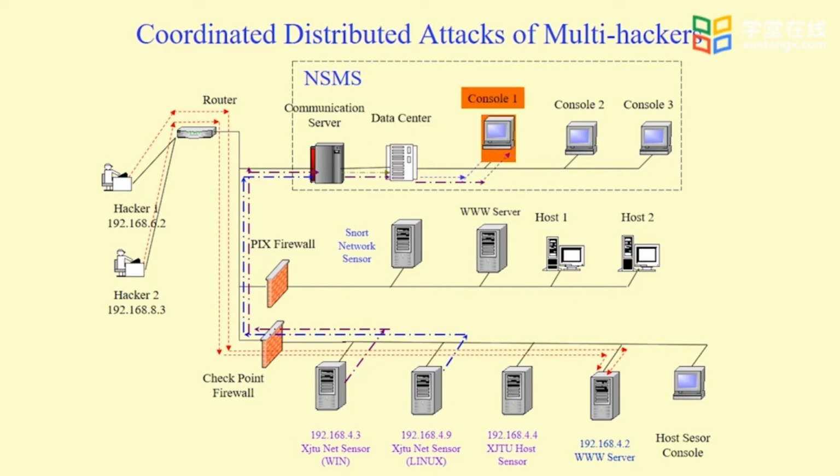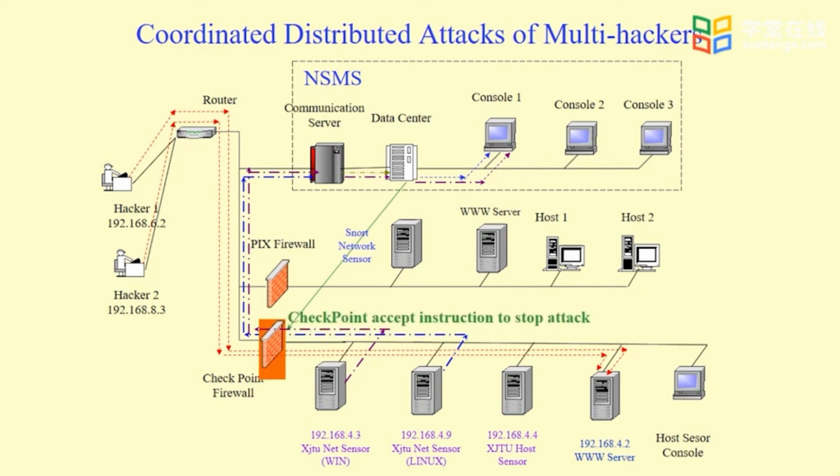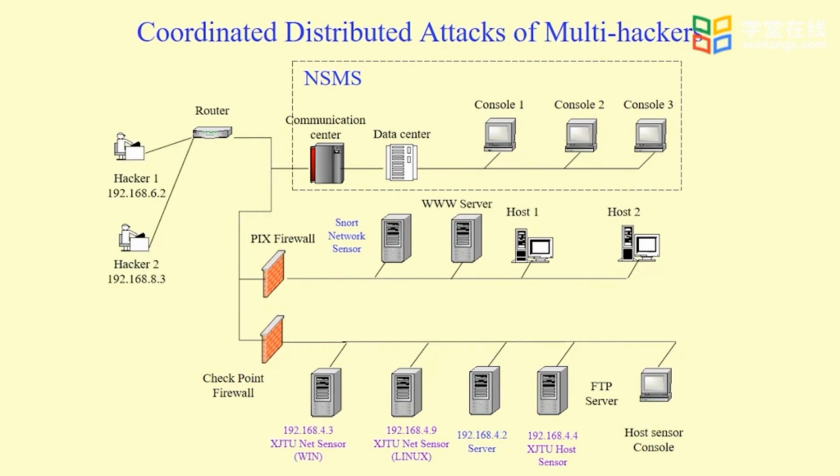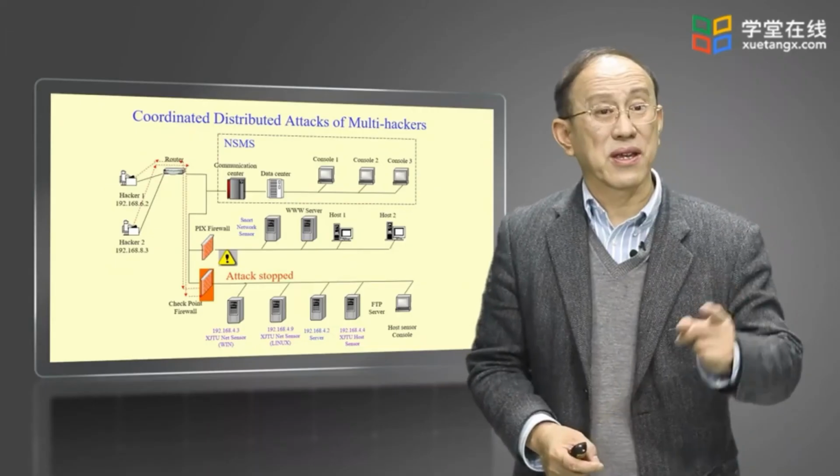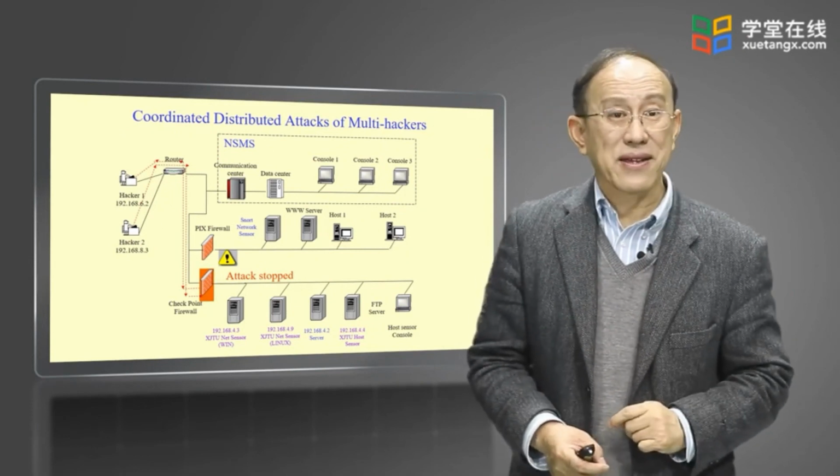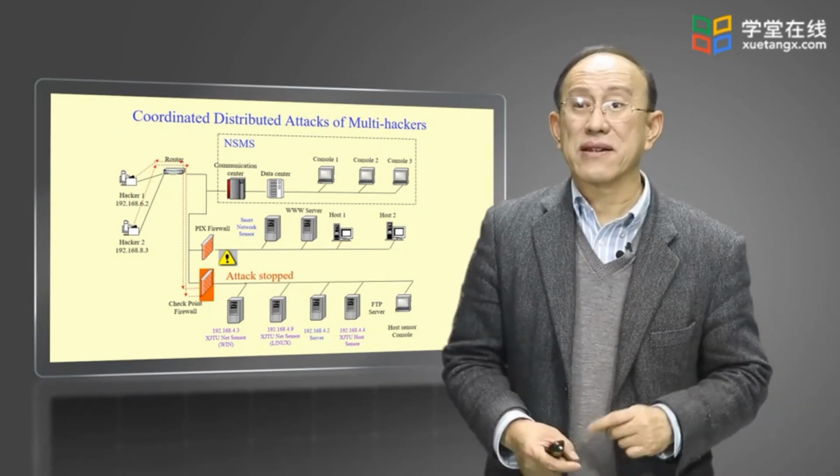Then the data center sends the command to the firewall to stop this attack, so that the attack may be stopped halfway. Using this animation, you can see very clearly how the computer system is under attack and how the attack is stopped.